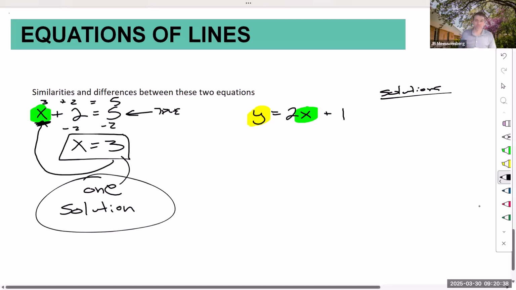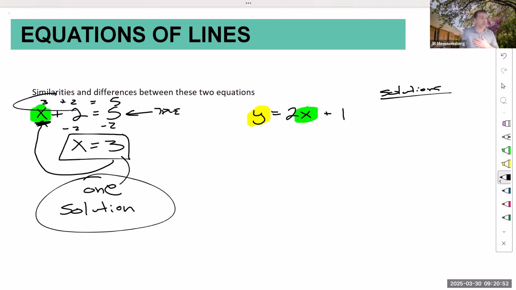We have two different variables in this equation. In order to determine whether or not it's true, we need to not have any variables. We need to just have a statement involving numbers like this one, 3 plus 2 equals 5.